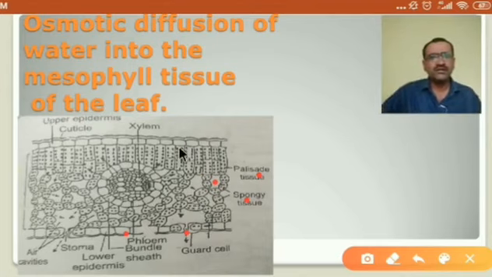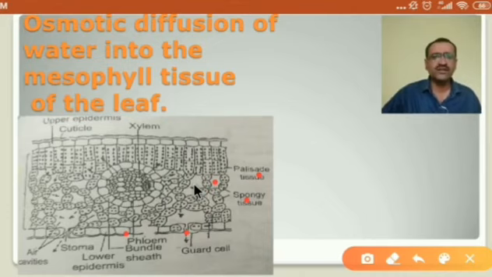When the temperature increases in the leaf, the water present in the palisade tissue or spongy tissue is converted into vapor form. That vaporized water comes into the air cavities due to osmotic diffusion.